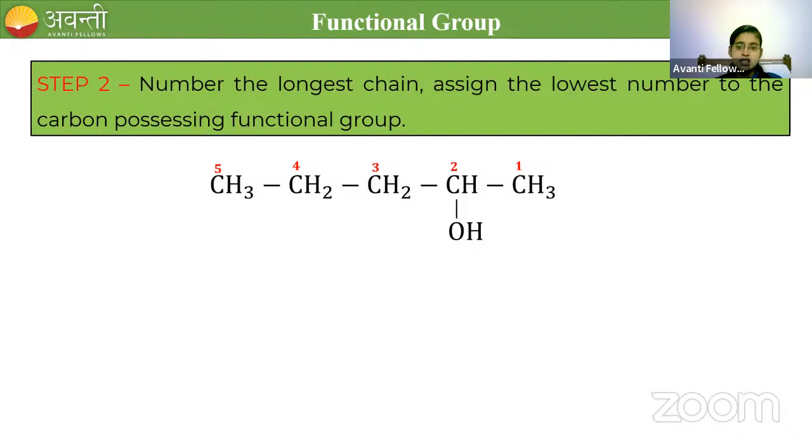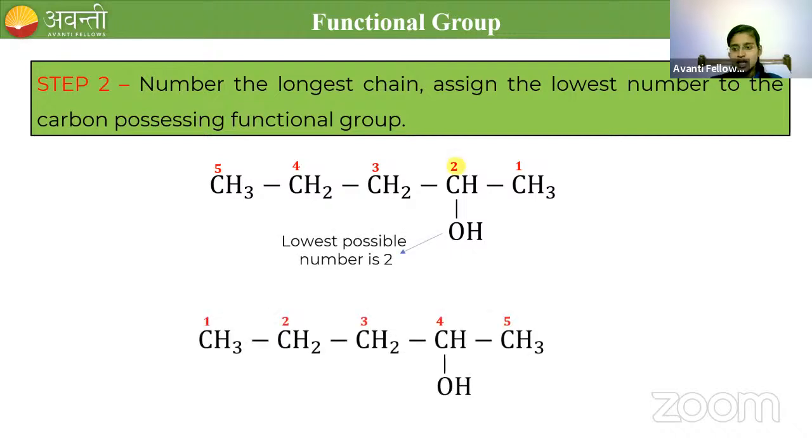Otherwise, the first preference has to be given to the carbon to which the functional group is attached. So, that's why we have followed right to left way of numbering for this compound. Left to right is incorrect because the lowest number is 2, not 4. So the first one is correct and the second one is incorrect.